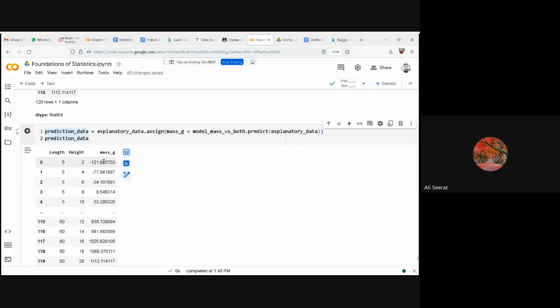But you will understand that this is not a valid number because mass cannot be negative. So that would not be a proper understanding of how the model works.